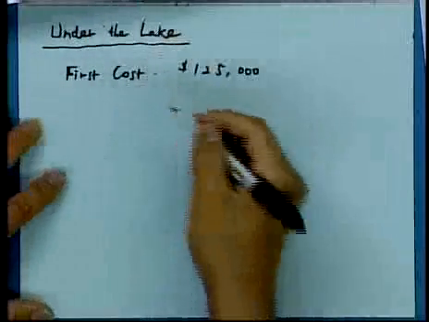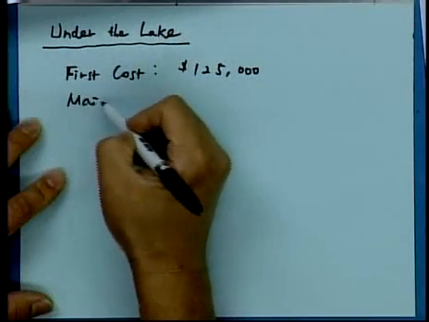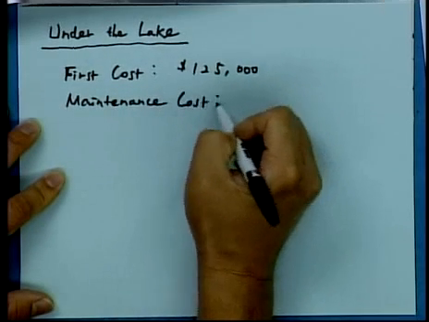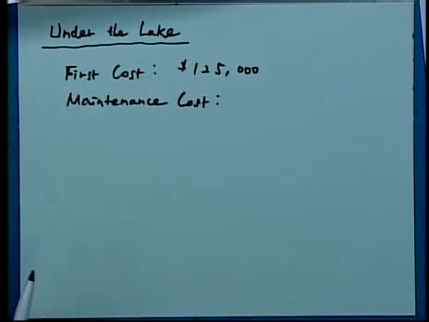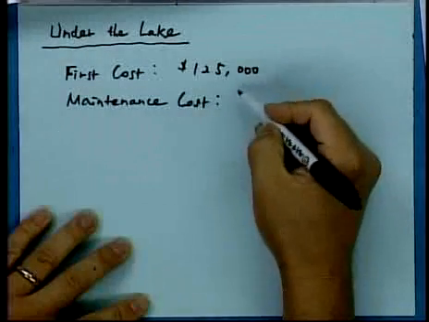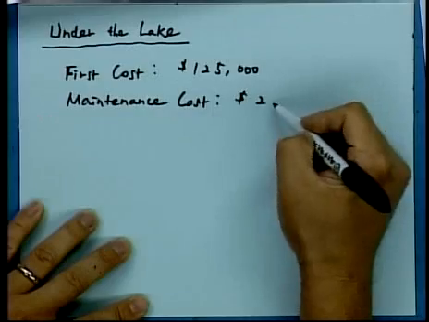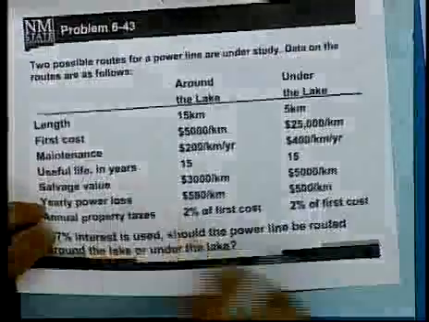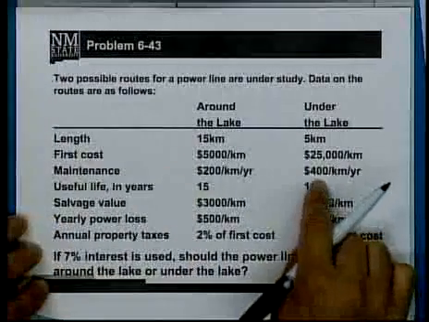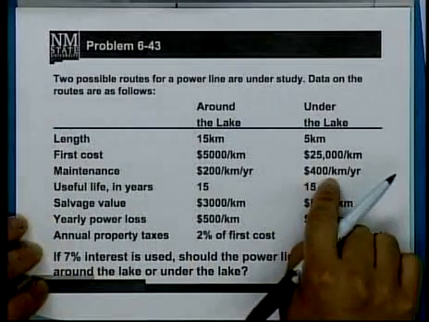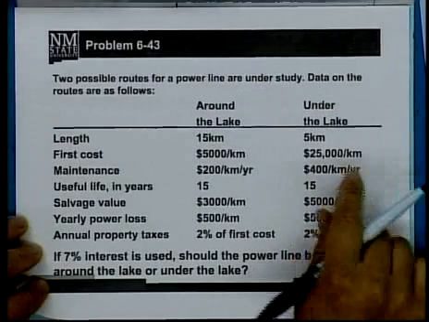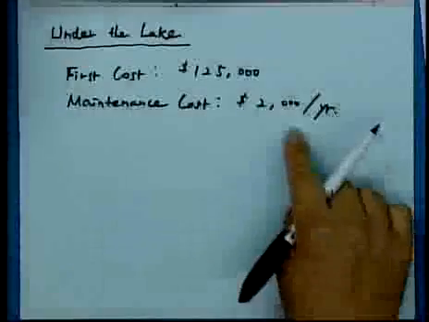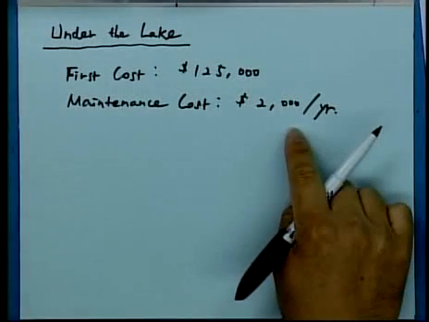How about the maintenance cost? That's going to be $2,000 per year. Again, you need to multiply $400 per kilometer per year times 5 kilometers. 5 times 400 becomes 2,000.